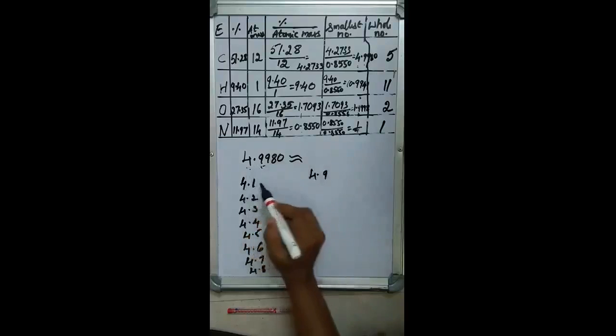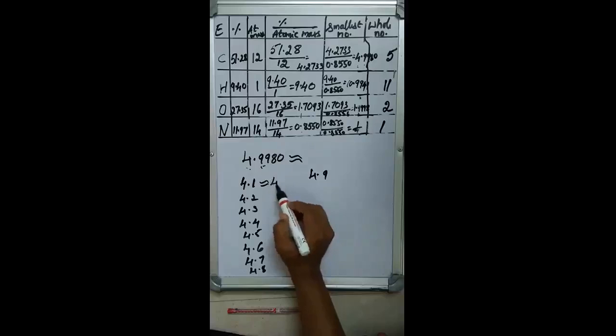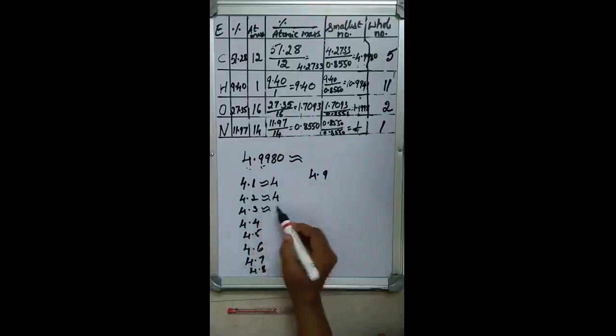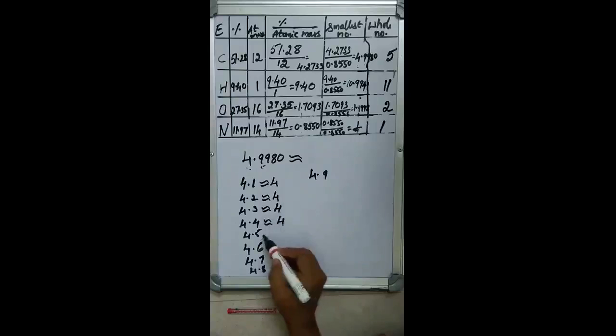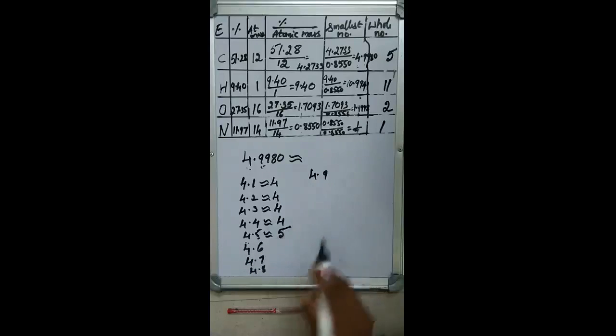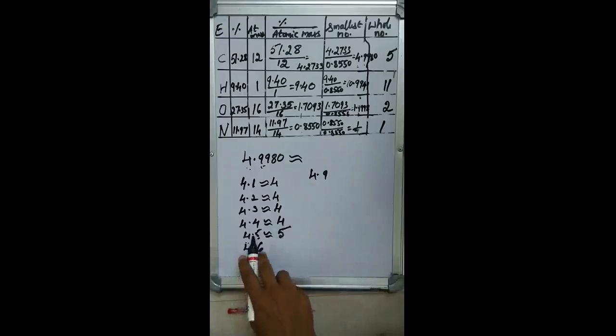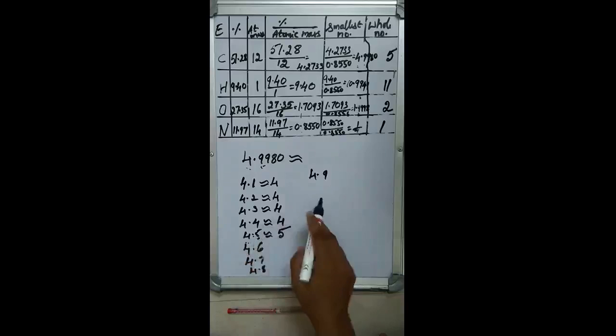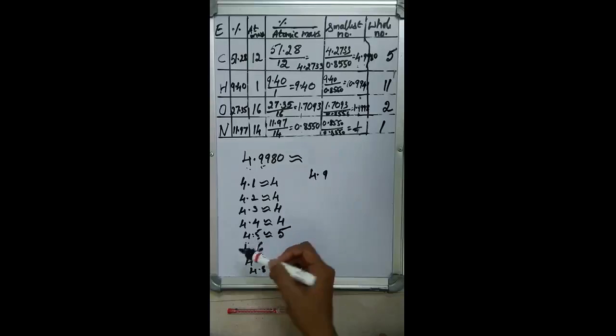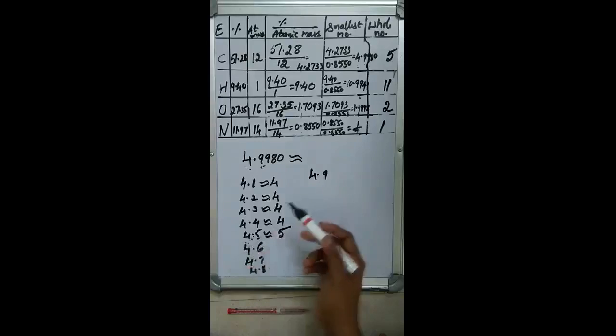Okay. Now 4.1 is considered as 4 itself. 4.2 is considered as 4 itself again. 4.3 is also considered as 4 only. 4.4 is considered as 4. But 4.5 is considered as 5. That means after the decimal point, if the number starts from 5 to 9, then you have to convert the previous number into the next round figure.